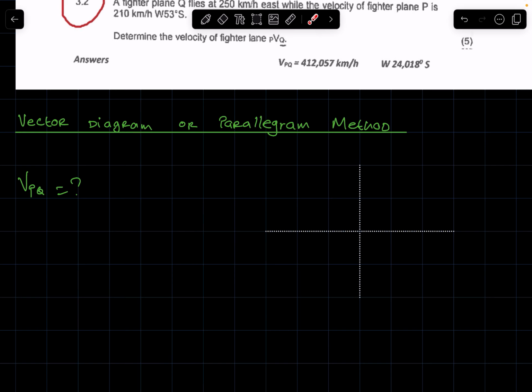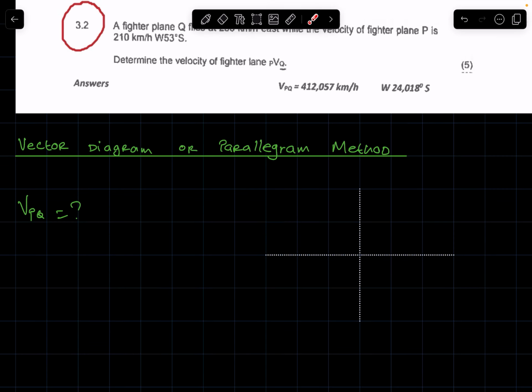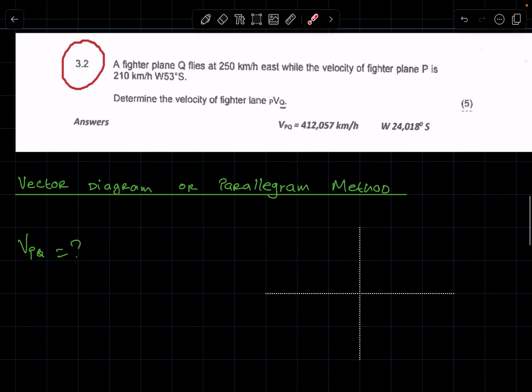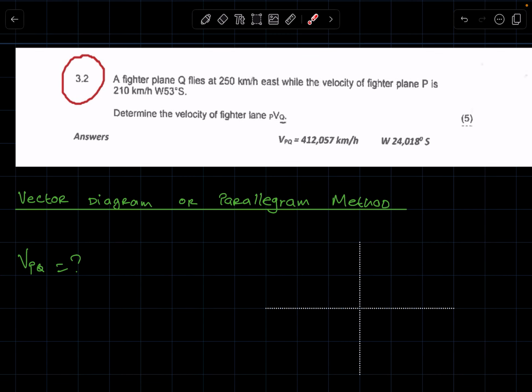The object you then draw on the Cartesian plane in the same direction as the one that's been given for object P. And the frame of reference, which is Q in this case, you are going to draw on the Cartesian plane in a direction that is opposite the one that's been given for object Q. So P is our object, meaning P we are going to draw in the same direction as the one that's been given, which is west 53 degrees south.